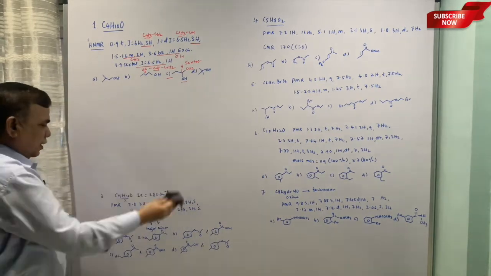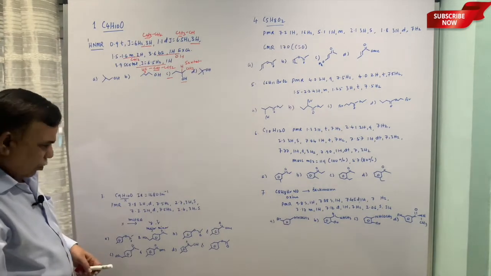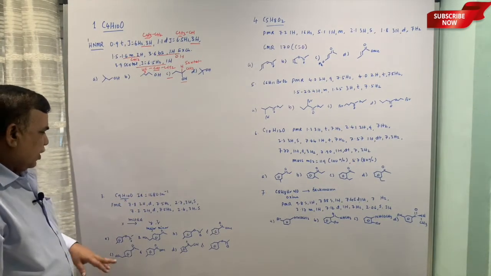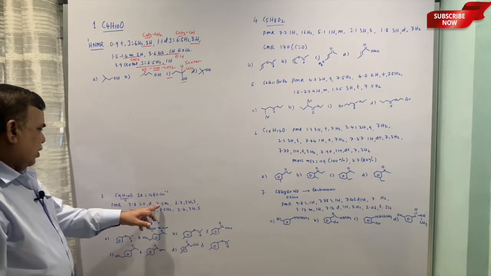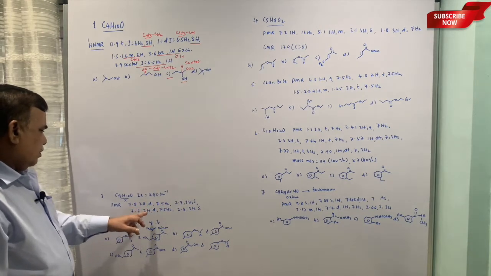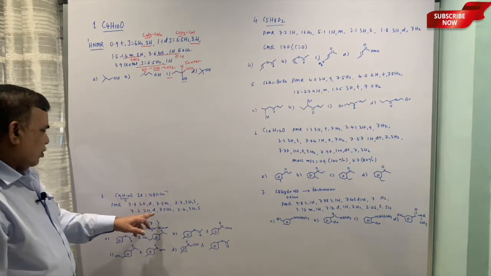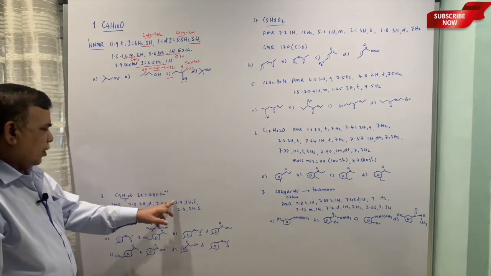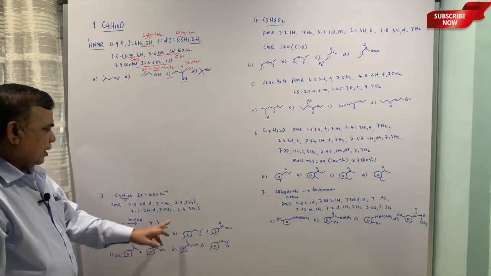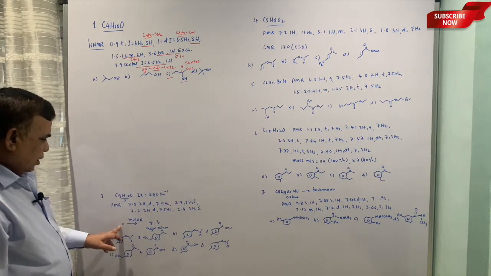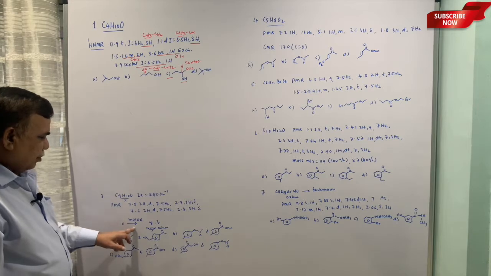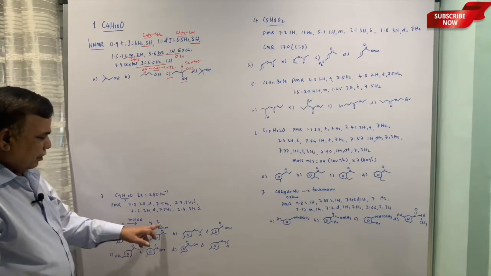C9H10O, 1680 carbonyl, 2 proton doublet, then 2 proton doublet in aromatic region, 2.7 3 proton singlet, 2.4 3 proton singlet. Now when this X is treated with MCPBA, you get two compounds, one major, one minor.